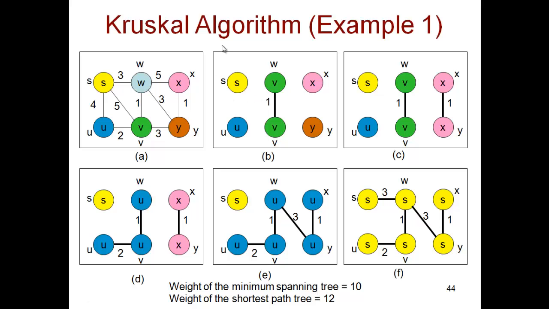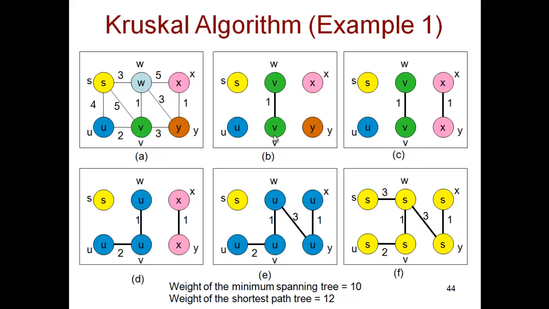We pick the minimum of the two component IDs. W's component ID is W, V's component ID is V. Alphabetically, V occurs before W, right? U, V, W. So we label the component vertices as V.